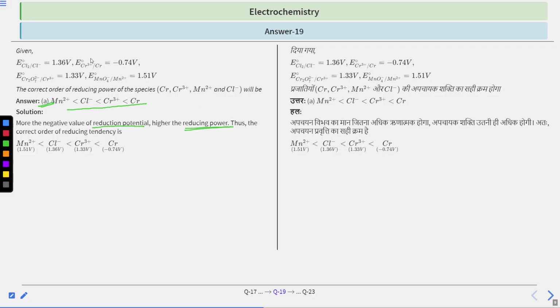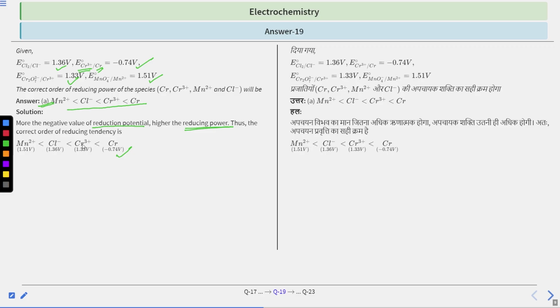Okay, so you can see that the most negative value is present for chromium, because E naught for chromium is given as this, for chromium 3 positive it is given this, for Cl negative it is given this, and for Mn2 positive it is given this, right? So we have asked the reducing power order for these species. So most will be for chromium, because the most negative value is given for chromium.